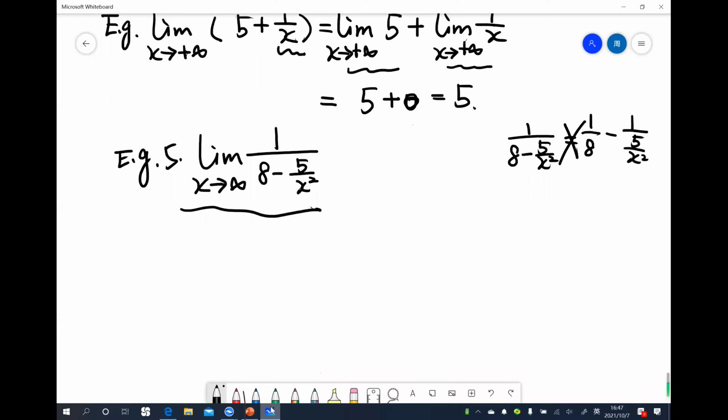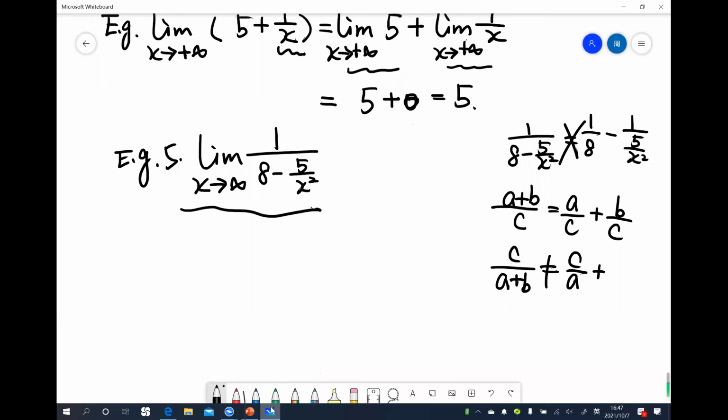And they are not equivalent, because we know that a plus b by c can be written as a by c plus b by c, but c by a plus b cannot be written as c by a plus c by b. They are not equivalent.